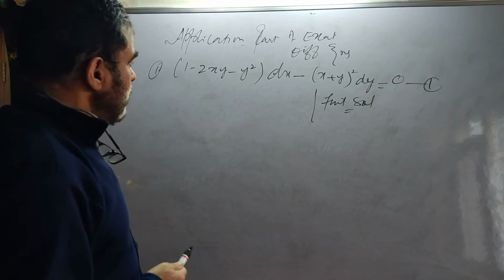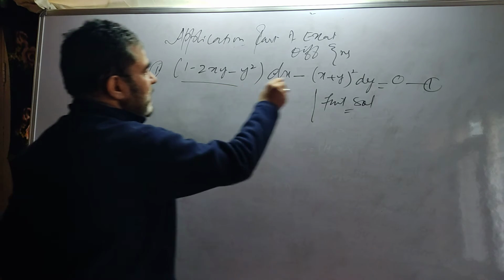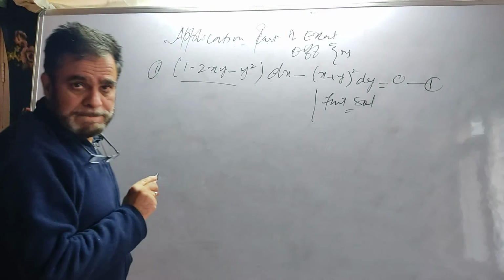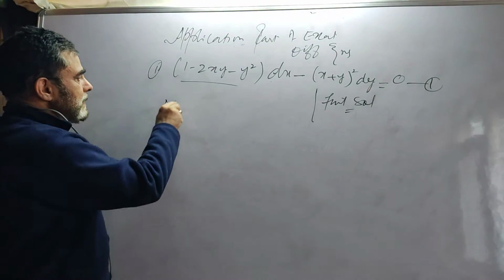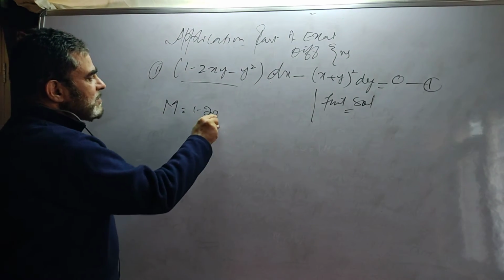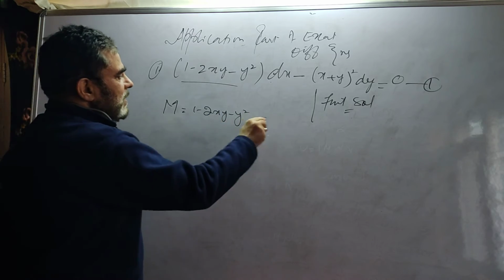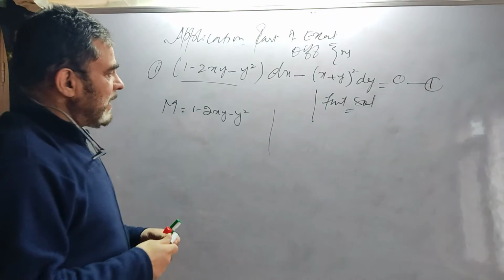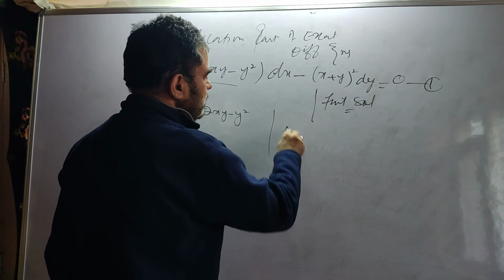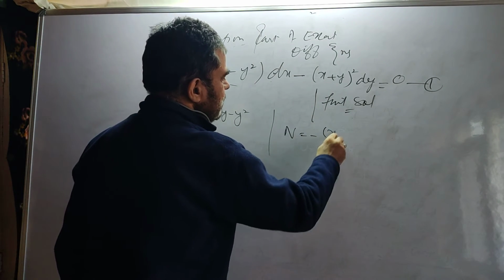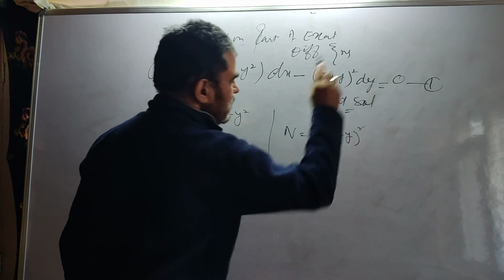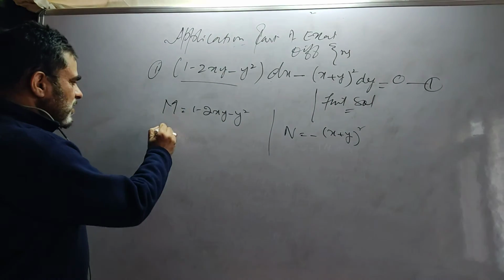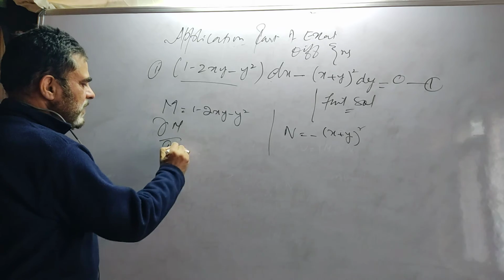How we proceed: it is M dx plus N dy. You have M as 1 minus 2xy minus y square, and you have N as minus (x plus y) whole square. What is partial of M with respect to y?